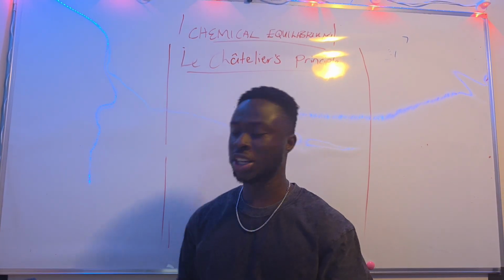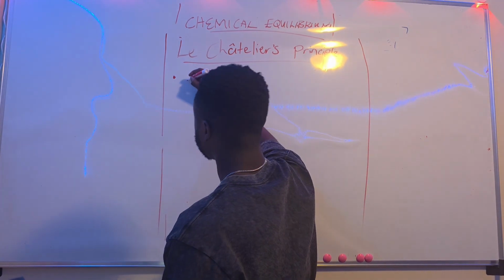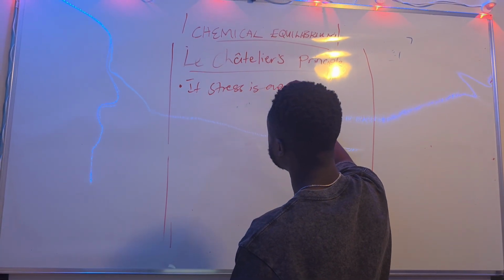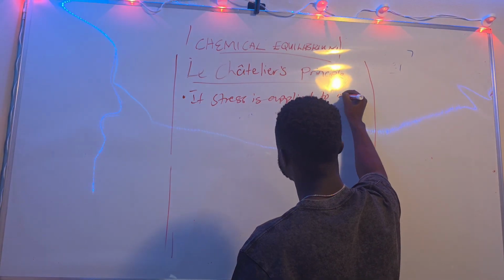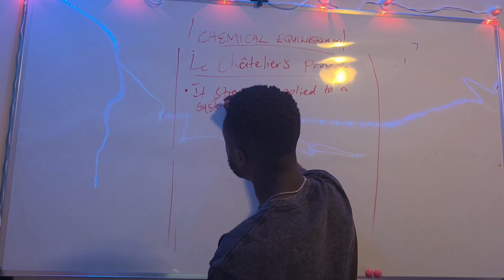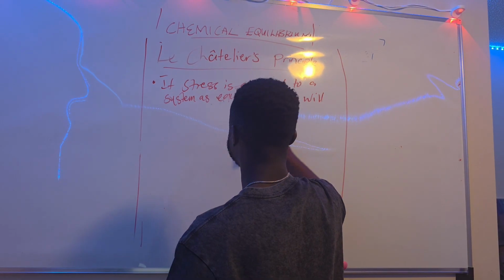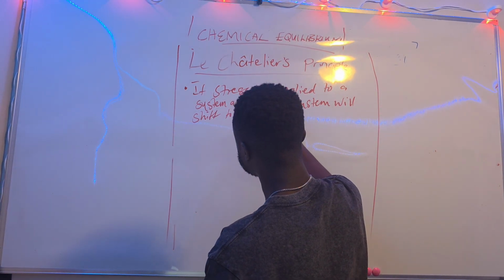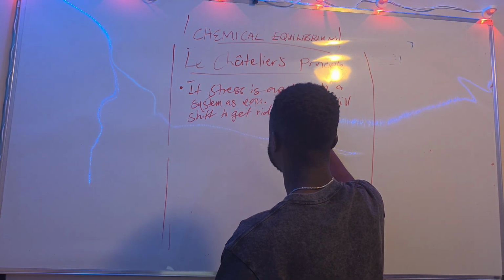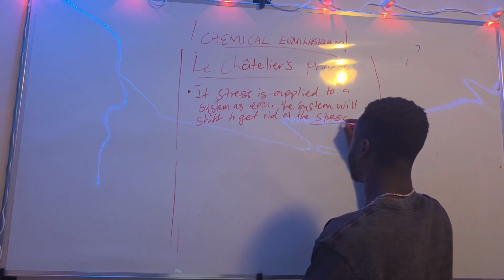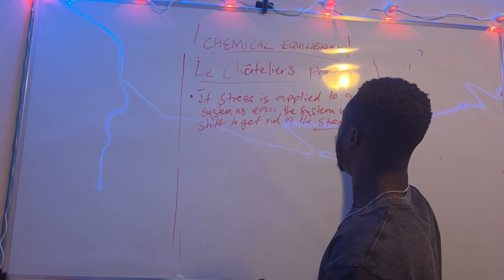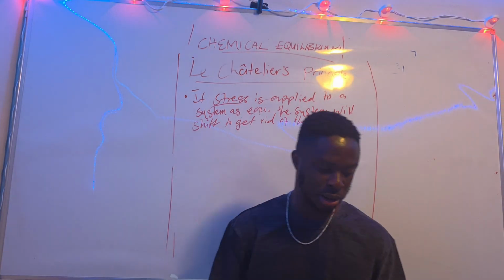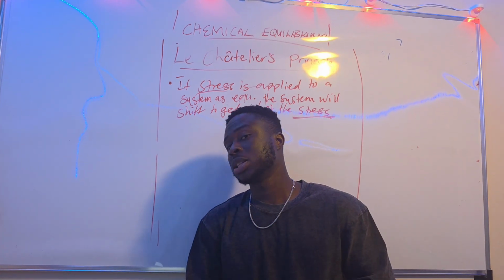So that is what Le Chatelier's principle states, that if stress is applied to a system, the equilibrium will shift to get rid of the stress. And when I say stress here, I do not mean stress as in our layman meaning of stress.